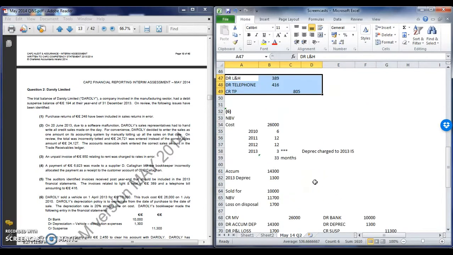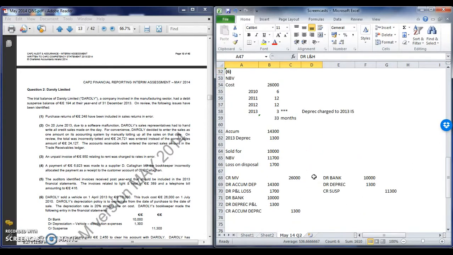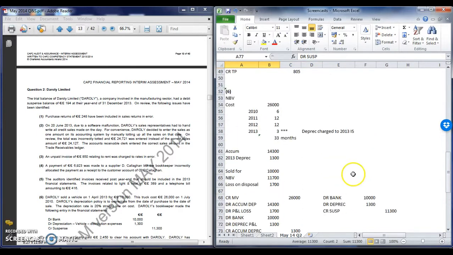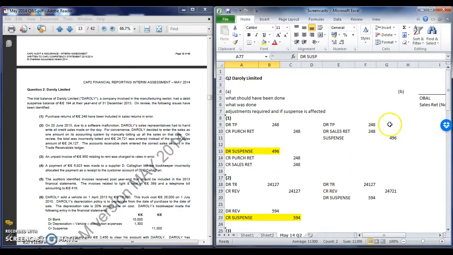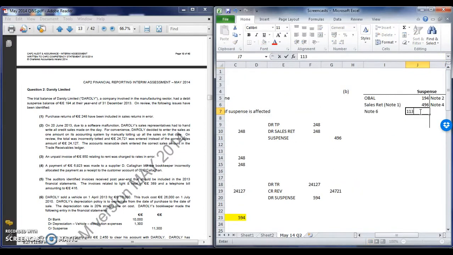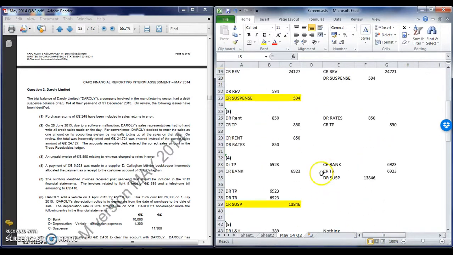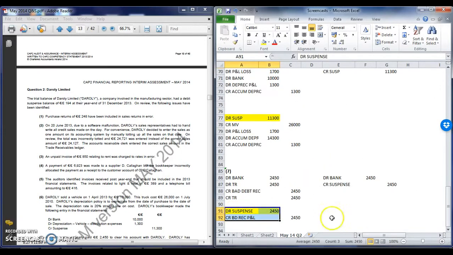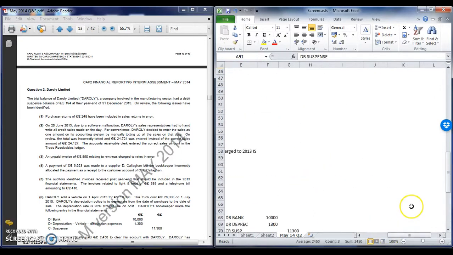Note 6 was the sale of equipment or a truck, and the suspense here was 11,300 on the debit side. So note 6, 11,300 on the debit side. So you see, it's very clear to the examiner. You know exactly where the adjustments are coming from. And finally, note 7 is debit suspense 2450.